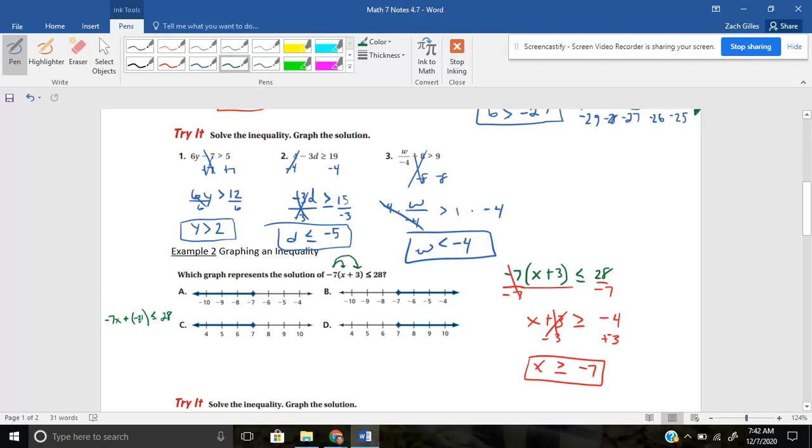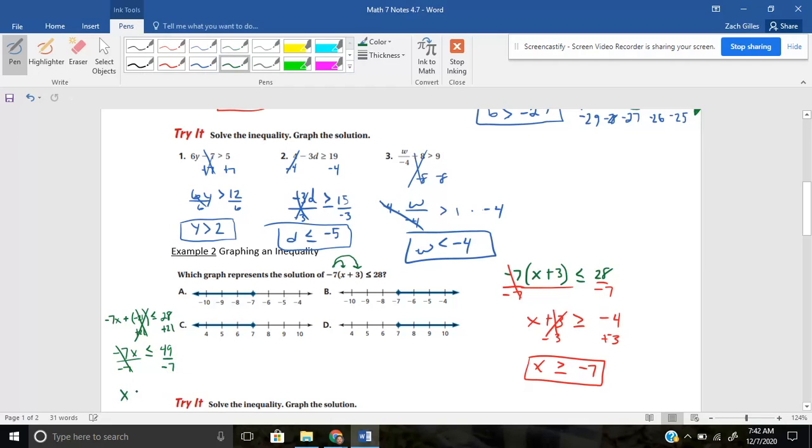Okay, to get rid of this negative 21, I'd add 21 on both sides. So that cancels. I'm left with negative 7x is less than or equal to 49. And then I would divide by negative 7 on both sides.